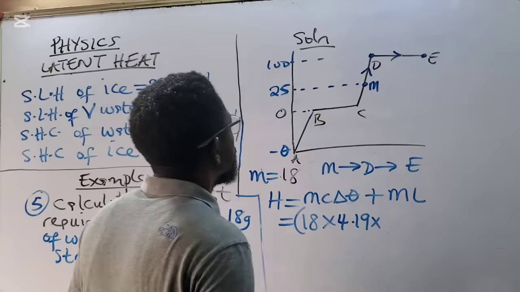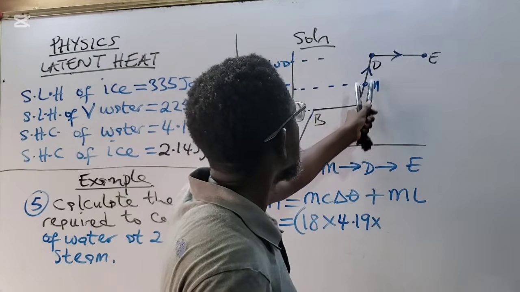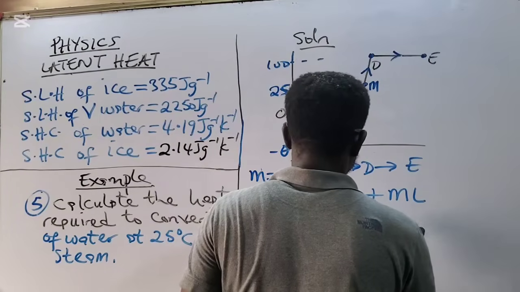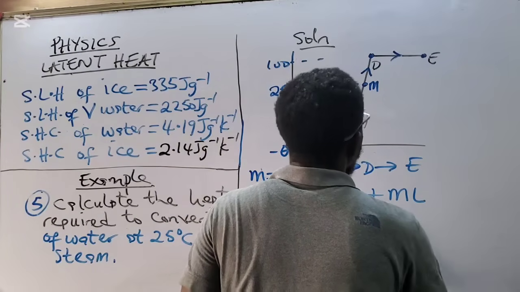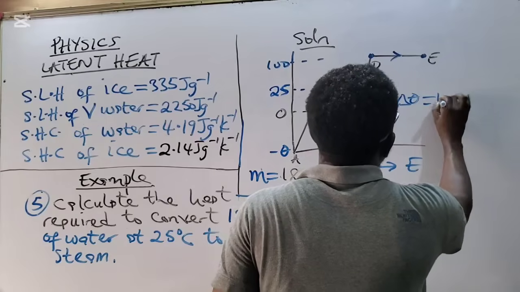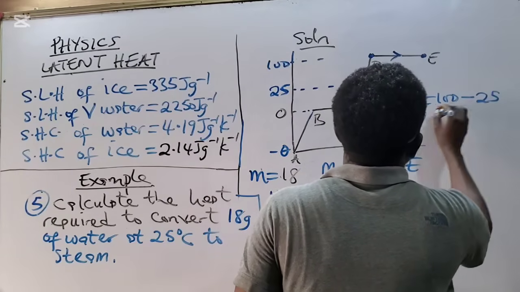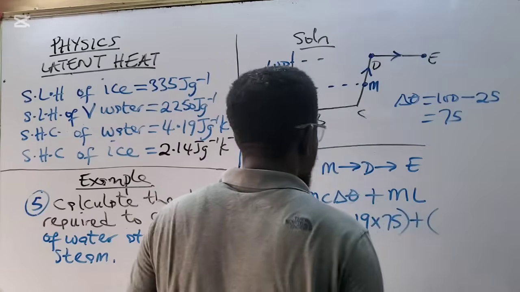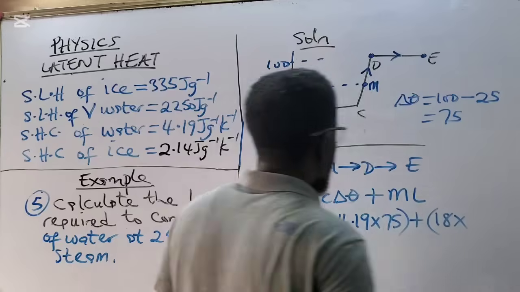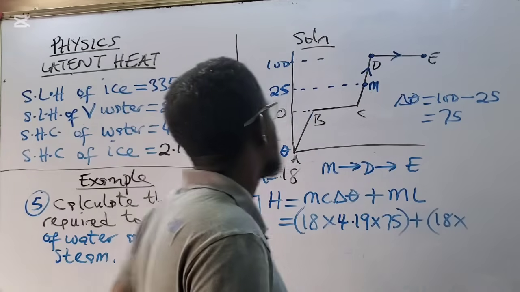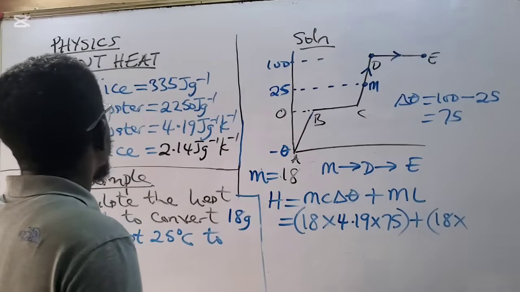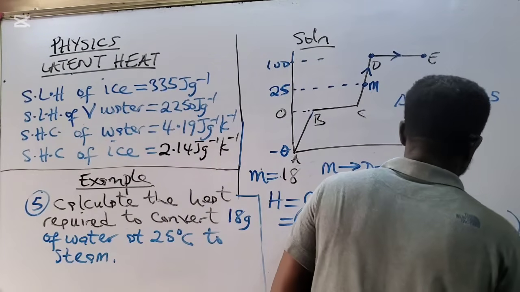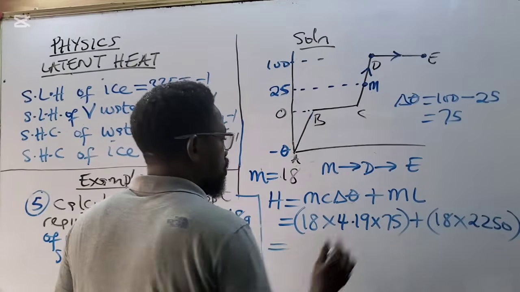The change in temperature is going to be 100 minus 25, and that'll give us 75. Plus mass of water is 18. Then we have the specific latent heat of vaporization of water, which is 2250. So I have the first calculation and the second one.